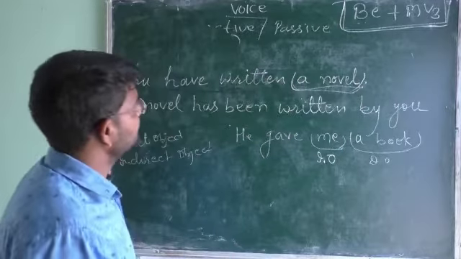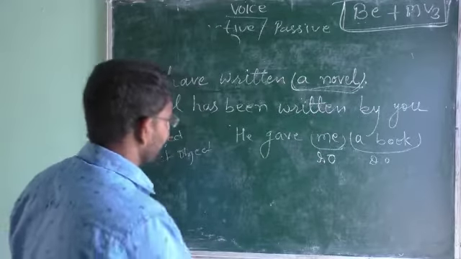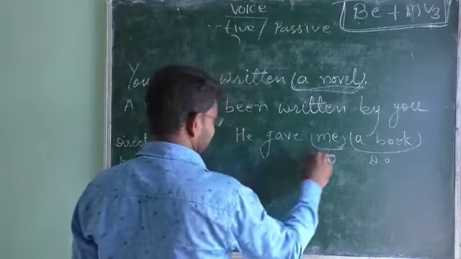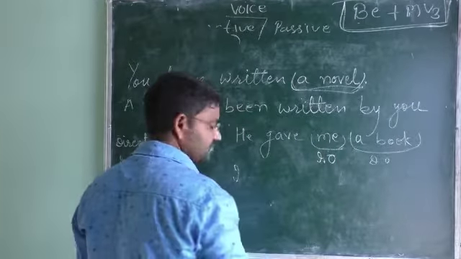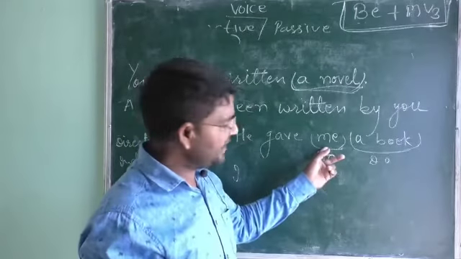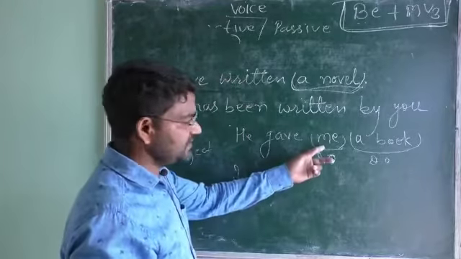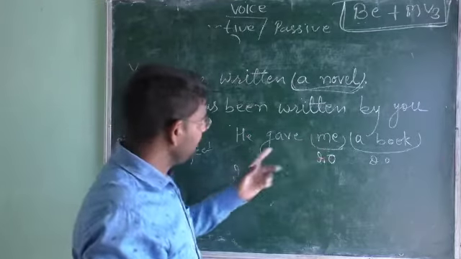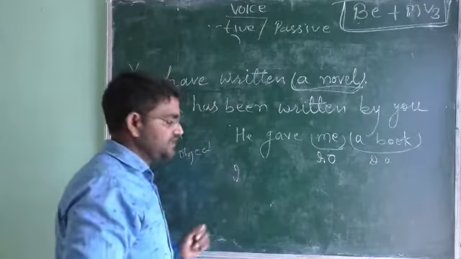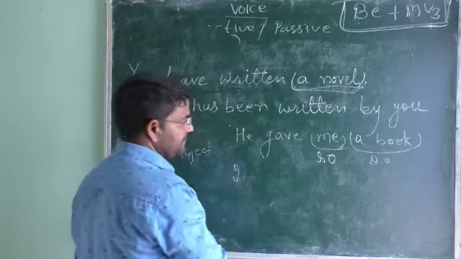We can make passive from both objects. First we make it from the indirect object, me. Change it into I, because it is objective form and we are making it a subject. We use it as a subject, and the subject is I.